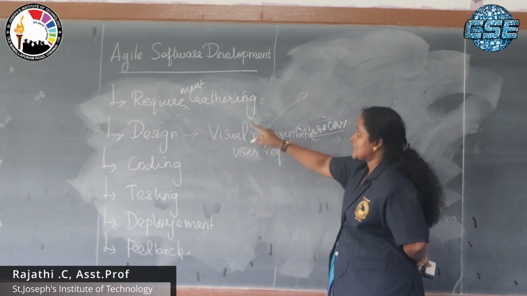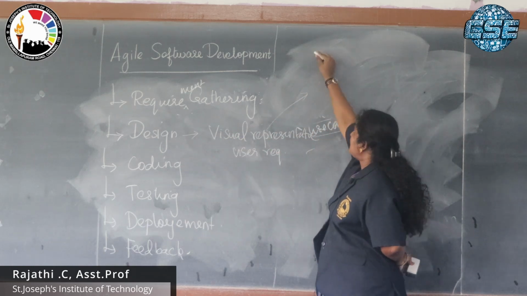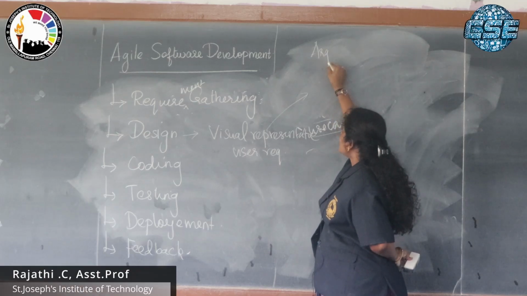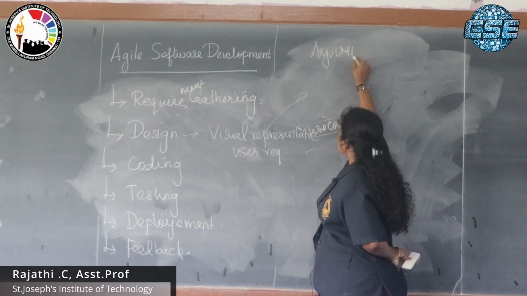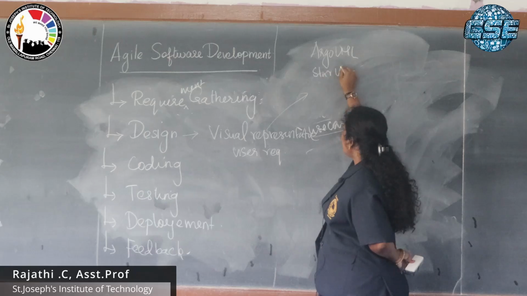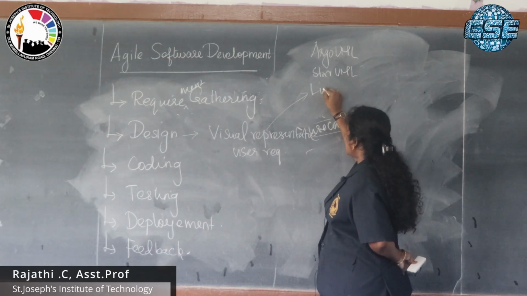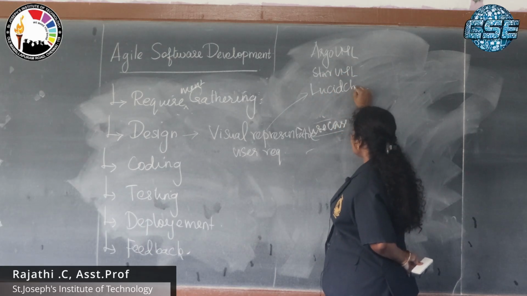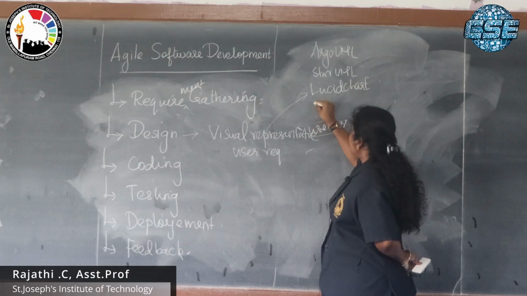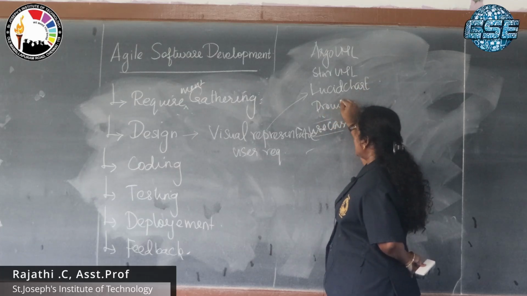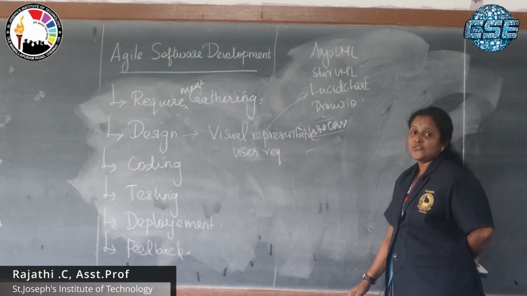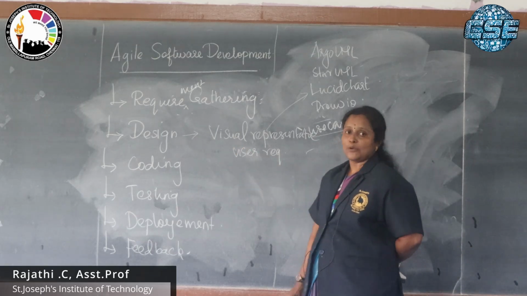For this designing purpose, we have multiple tools. Open source tools: Argo UML, Star UML, Lucidchart, Draw.io. So we have n number of open source software to design the requirement.